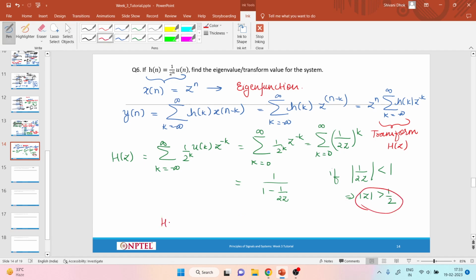So my H of z, simplifying a bit, is equal to z upon z minus 1 by 2 when mod z is greater than 1 by 2. So this is the value of the transform that we are getting. Is this okay?